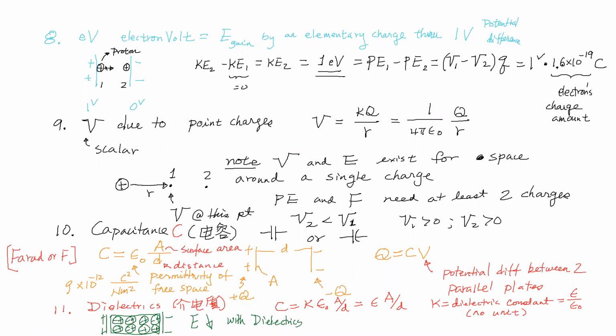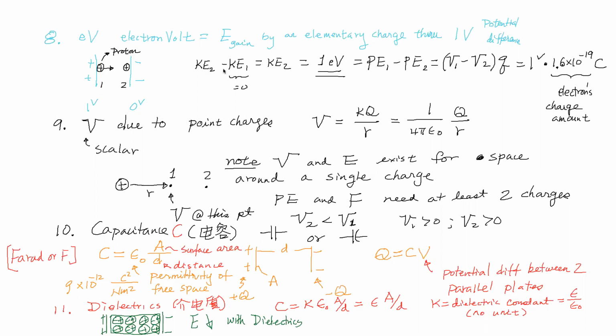So for example, if I let go a proton, which has an elementary charge, just like an electron, and it's positive. If I let go, initially at rest at position 1, it's going to arrive at position 2 with velocity. So you have kinetic energy. At position 1, you have 0 kinetic energy.